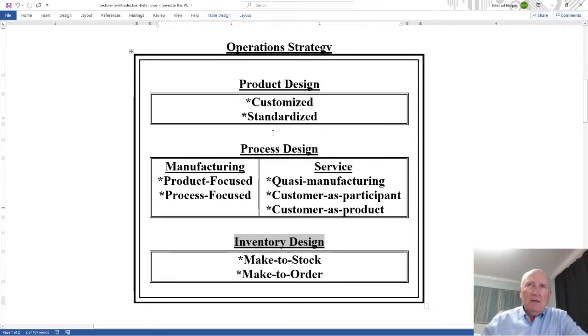Okay. First, product design. The 2 basic types of product design are customized and standardized. A customized design has to do with you design the product specifically for a customer or a group of customers.